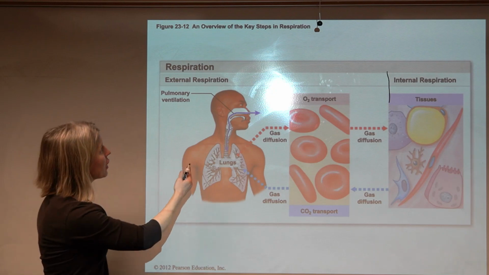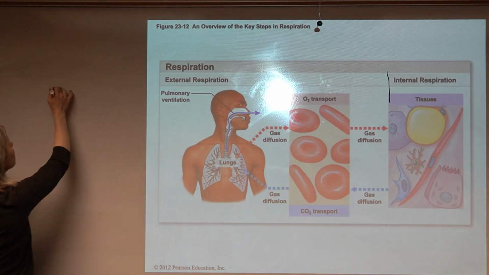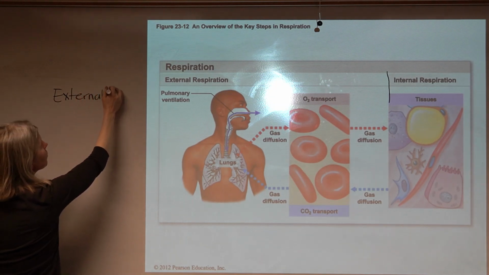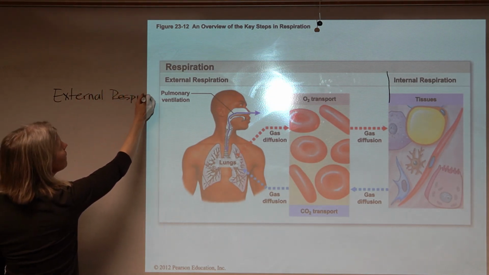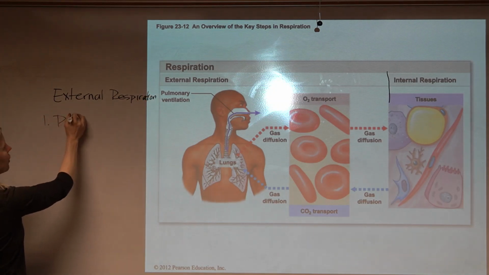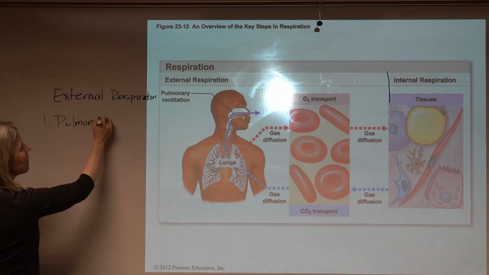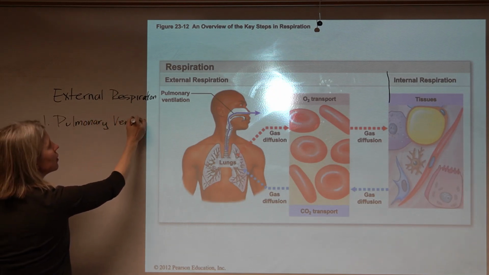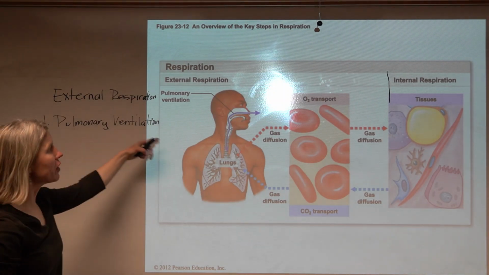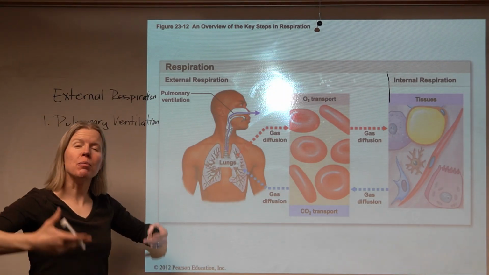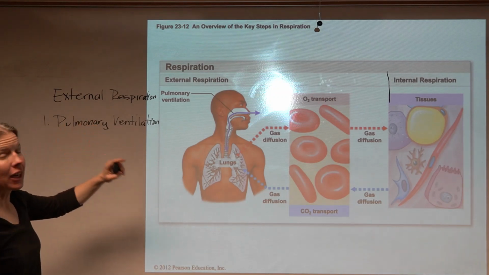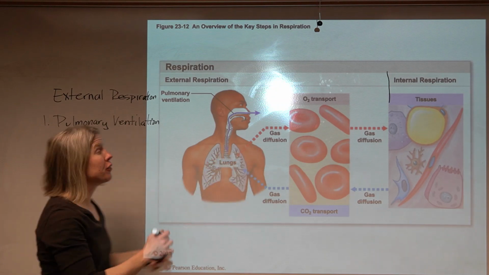In external respiration, what we're looking at is actual pulmonary ventilation. And we'll go through each of these in more detail, but pulmonary ventilation is how we're actually moving air in and out of the lungs. Also included then is gas diffusion.